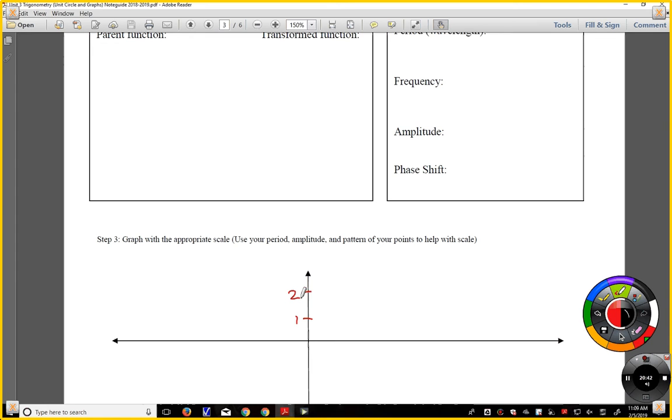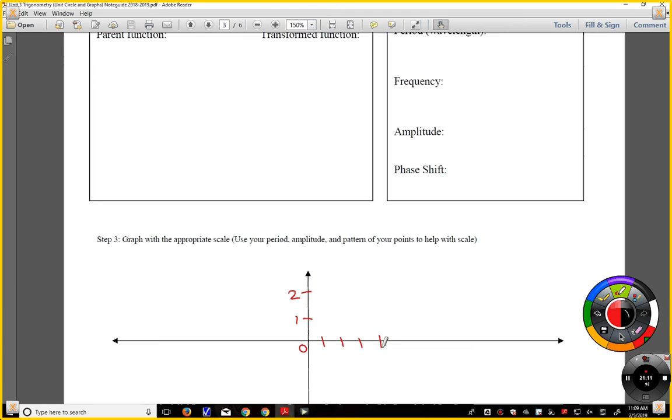okay? There's 2 ways that you guys can do this. Way number 1 is by looking at the period, okay? If the period is 2 pi over 3, we normally graph the points from 0 to 2 pi. We know that we want those same amount of points to be graphed in 2 pi over 3. Okay, so normally we go 0, and then we go pi over 2, pi, 3 pi over 2, and this last one is where the period ends, and it's called 2 pi.